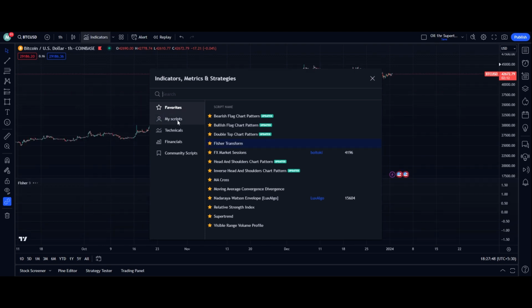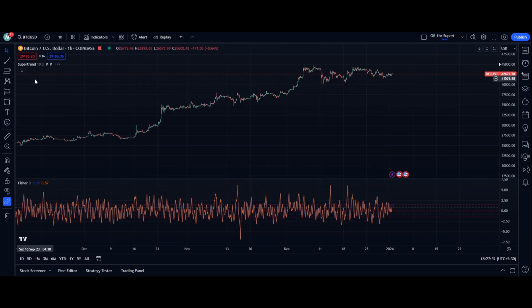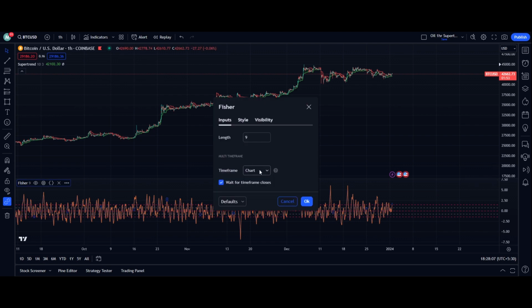One is this Fisher, and the other is Supertrend. For the basic 1 hour structure on any asset, we set the Fisher to monthly, which is a monthly period, not the monthly candles or the monthly time frame, but a total month of period.